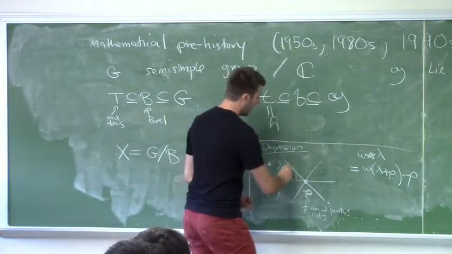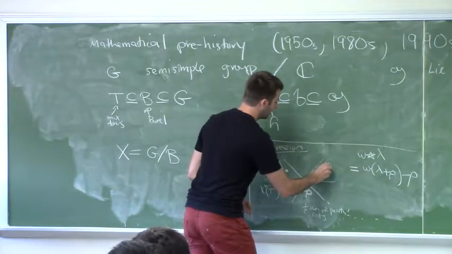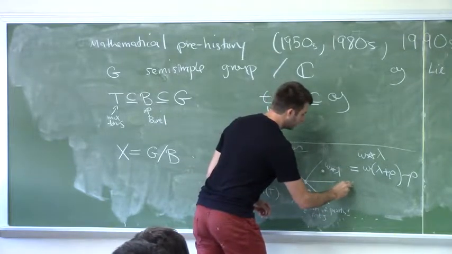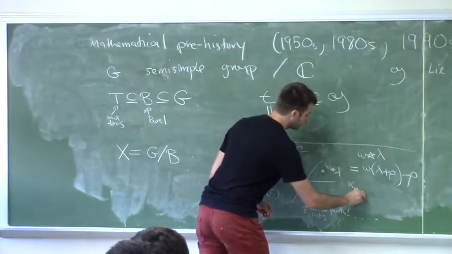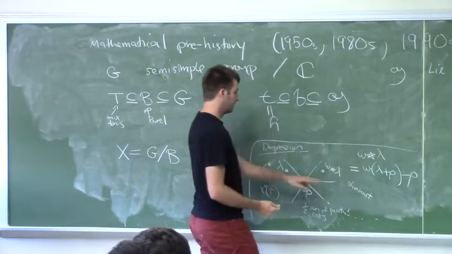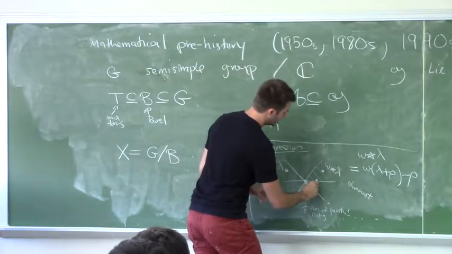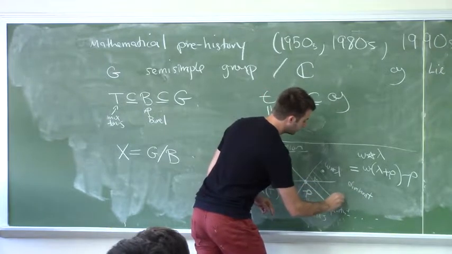And to each guy, there'll be some unique element of the Weil group such that this is dominant. So there is one of these chambers which is picked out by your Borel.